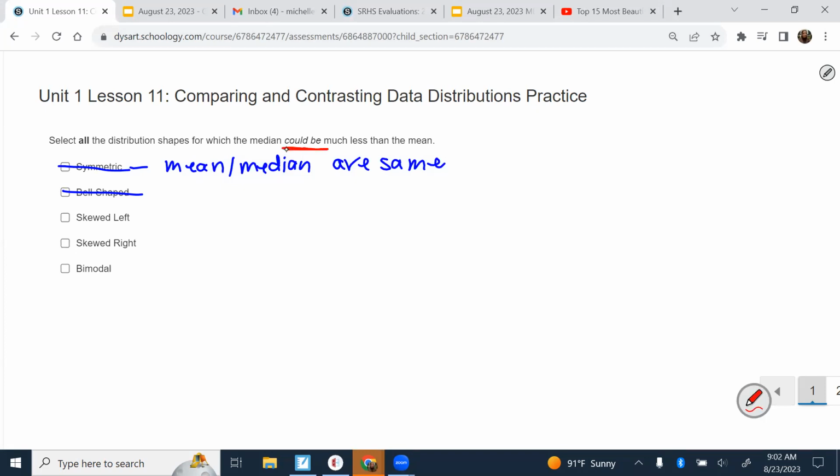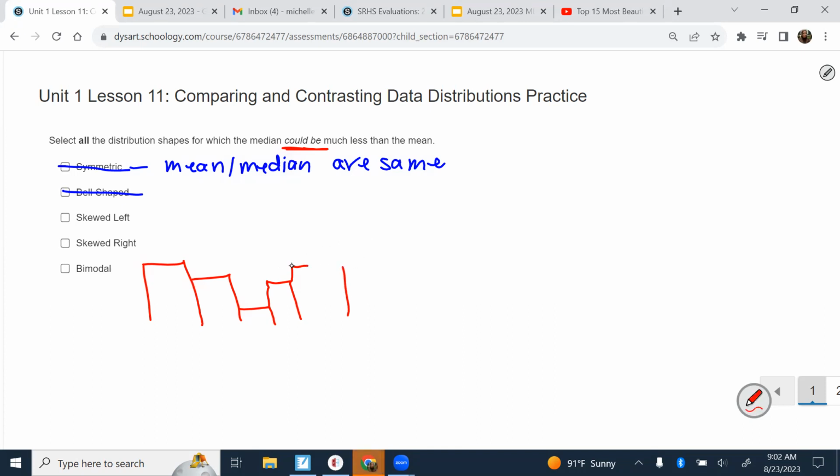Emphasis on could. So I guess not a perfectly symmetric bimodal, I'm assuming a roughly symmetric bimodal, maybe to where it's like this. You know, low in the middle, and maybe kind of high, but not as high.